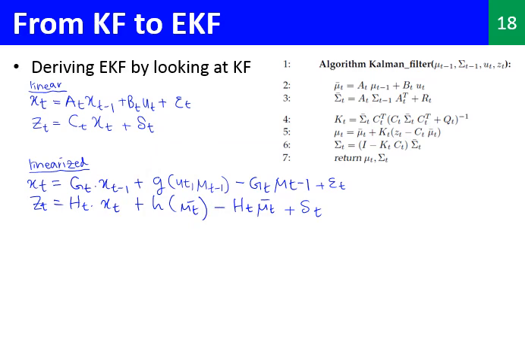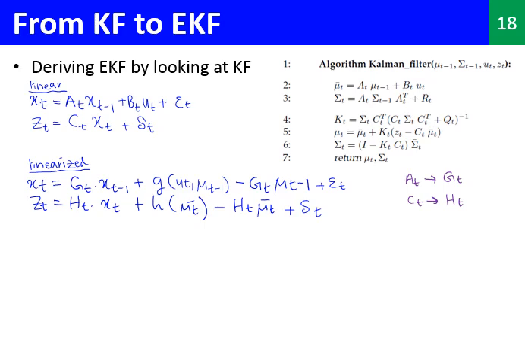When we do a quick comparison between the two sets of equations, we see that At and Gt have correspondence with each other, and also Ct and Ht have correspondence too. So Gt and Ht are Jacobian matrices. Let me write that here: At and Gt, and then Ct and Ht. To obtain the expressions for the EKF, let's go line by line.